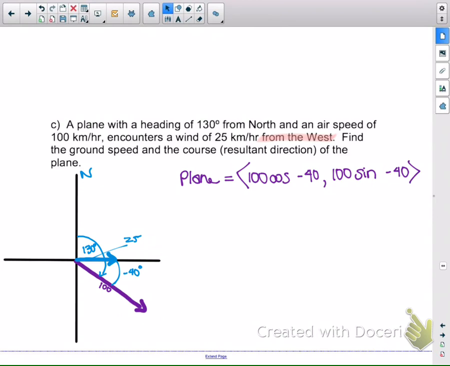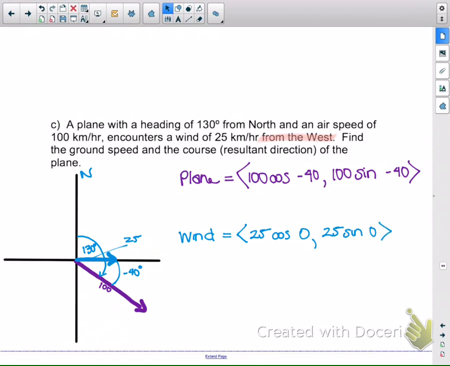Then I also have to do a vector for the wind. What's the magnitude for the wind? 25 cosine of what angle? 0. How do I know it's 0? It's directly on the x-axis, so I've got to think about that in terms of my x-axis and coordinate plane there, and 25 times the sine of 0.